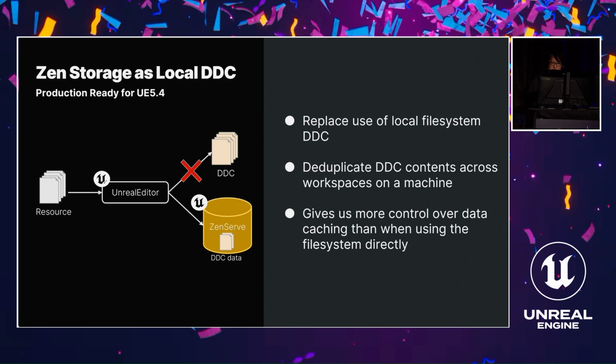Conversely, when Zen Server is running, the cache is stored in memory on Zen Storage, which is better than the performance of file I/O. DDC stored on Zen Server eliminates duplication of DDC content across workspaces. This has the advantage of requiring less memory for caching than regular DDC.